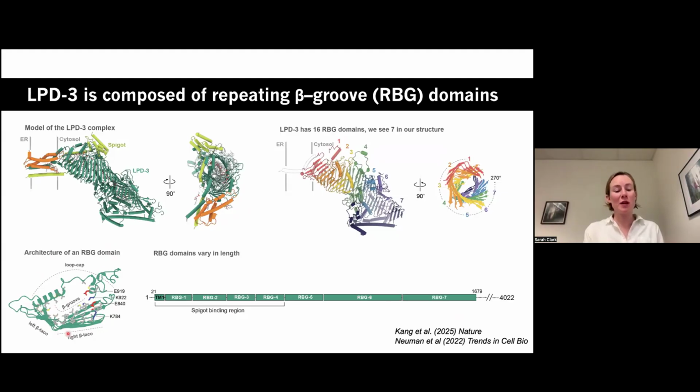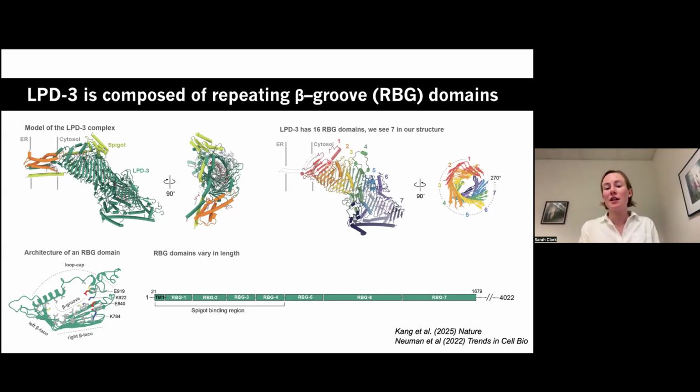And an RBG domain is composed of anywhere from 3 to 6 beta strands. And these RBG domains are modular, and they sort of stack together to form the tunnel. And by adding more RBG domains, you get bridge-like lipid transport proteins of various lengths. So BLTP-3 has only like 6, whereas BLTP-1 has 16.